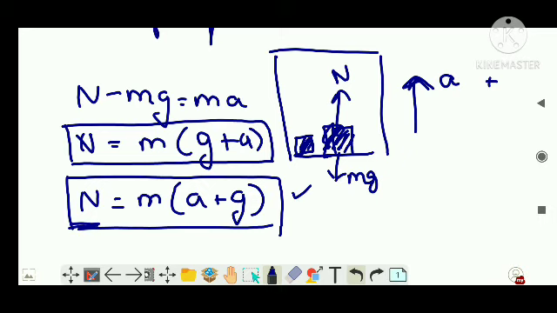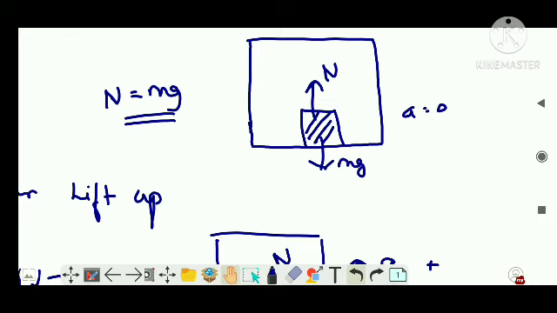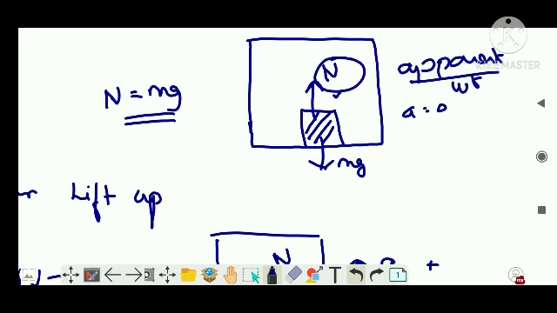If the lift was at rest, that measuring device would have shown the weight of this person, since the mass is kept on a weighing machine. So N is the weight shown on the measuring device, hence it is known as apparent weight.